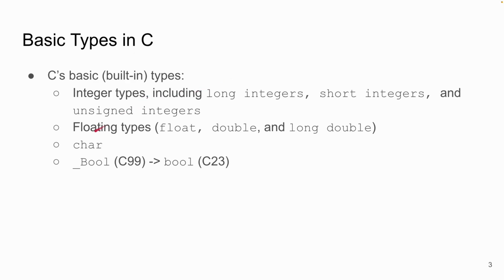We also have the floating types. In the previous course, we basically introduced the float type, but we can also have another type called double, which is also a floating type. We can even have long double, and we will introduce this in today's course. Finally, we have the character type.